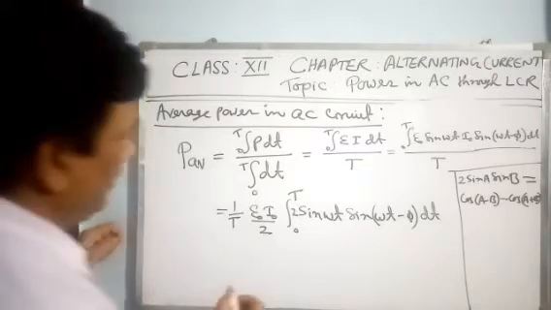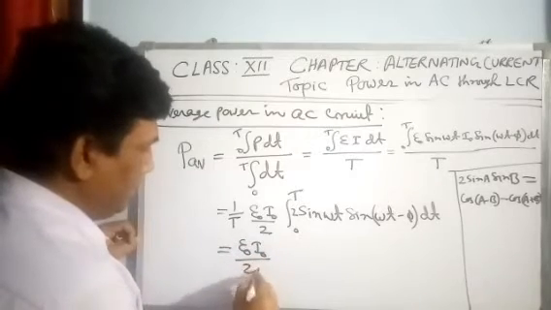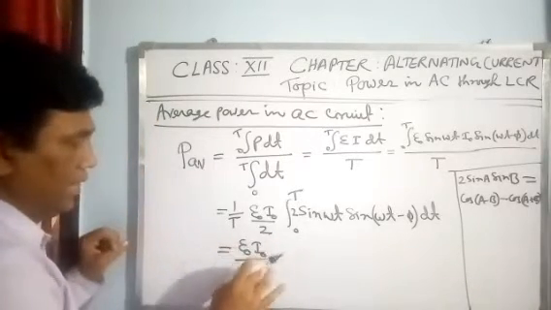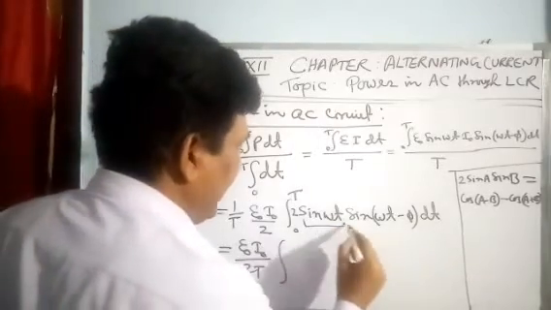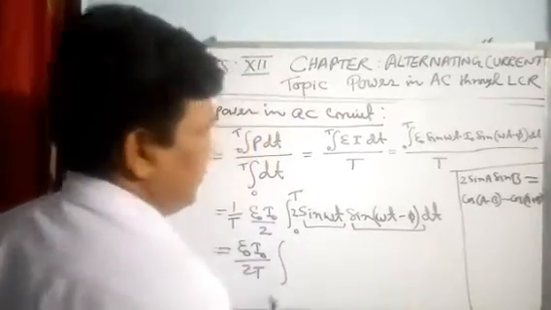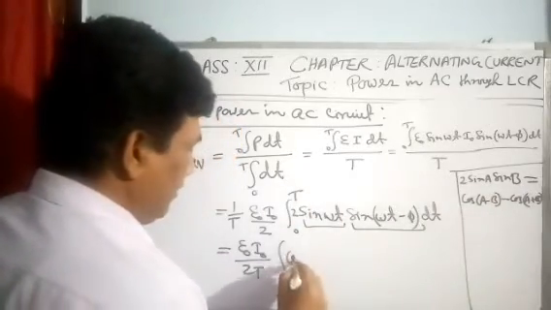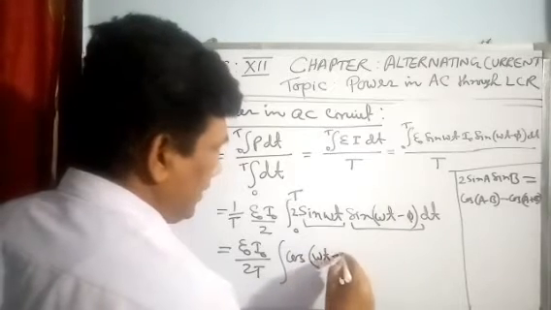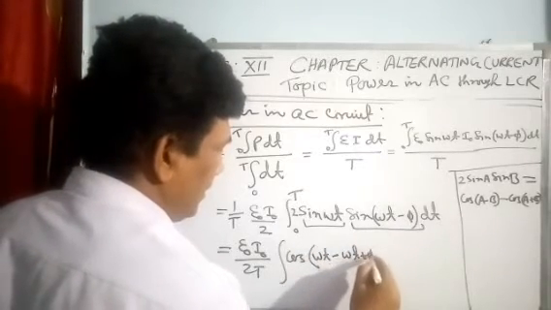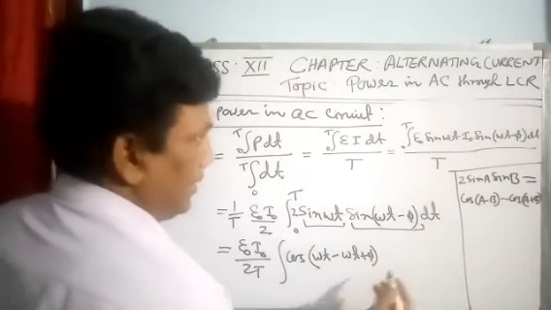So if I try to simplify it, what do I get? E naught I naught by 2T, where this is sine A and this is sine B, and 2 times sine A sine B becomes cos(A minus B), meaning omega t minus omega t plus phi. The minus of minus phi will be plus phi.